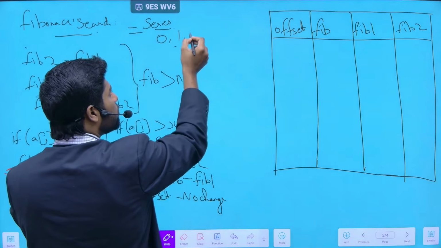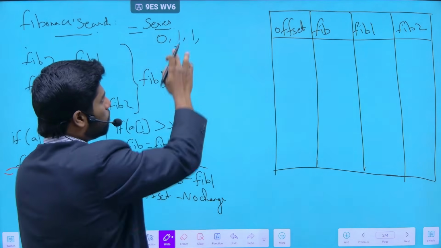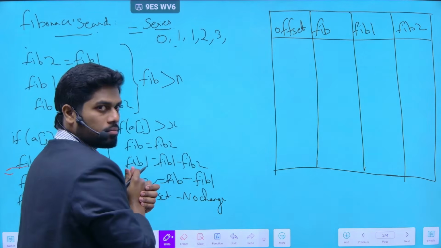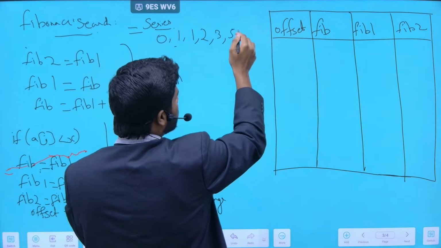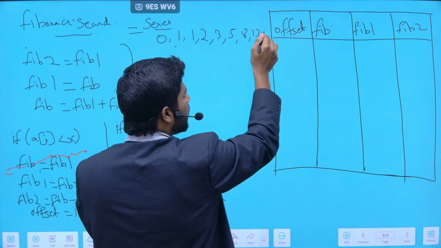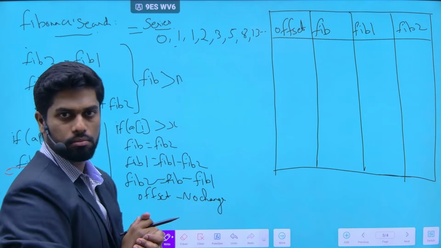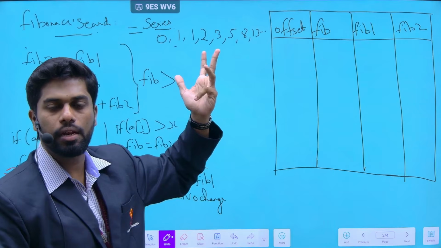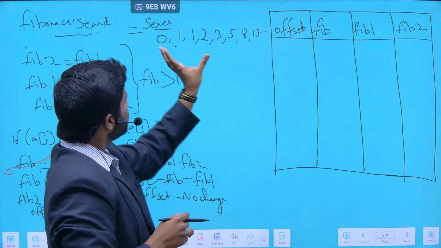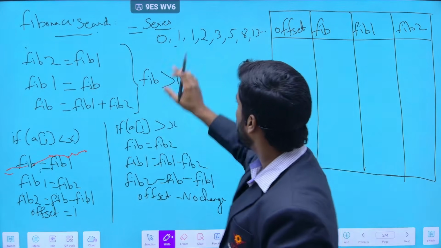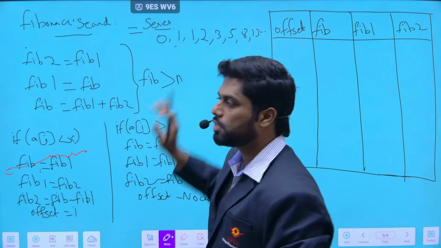So 0 plus 1, 1. 1 plus 1, 2. 1 plus 2, 3. 3 plus 2, 5. 5 plus 3, 8. 8 plus 5, 13, and it goes on. So before going to Fibonacci search, this is what our Fibonacci series is.